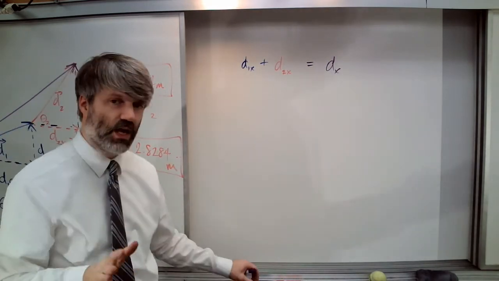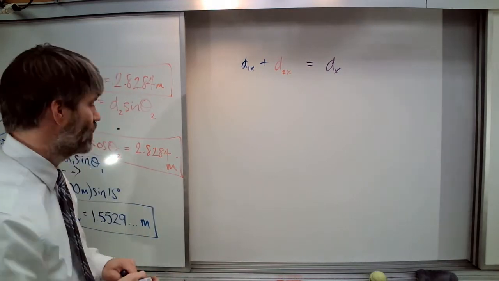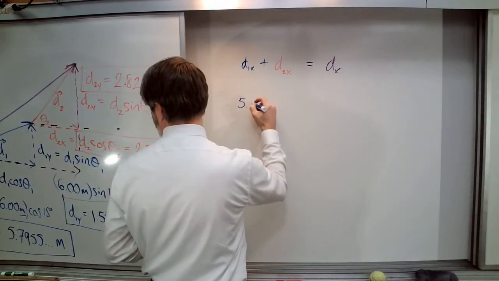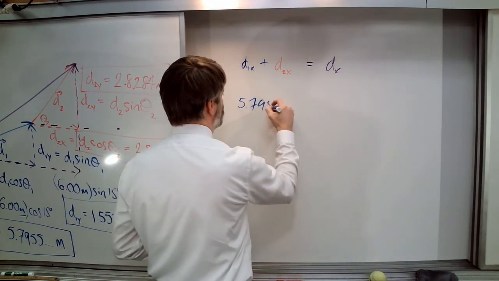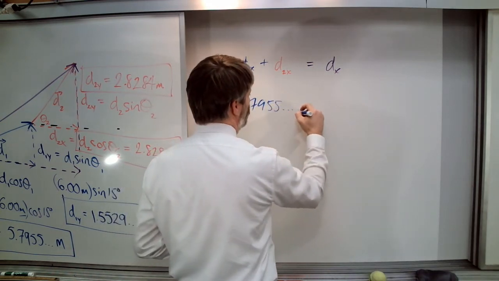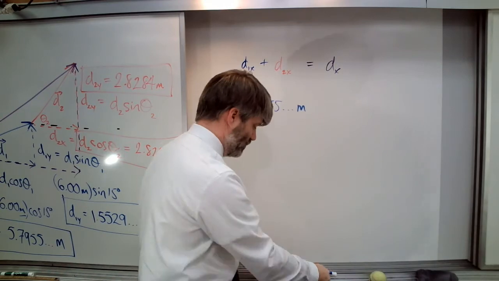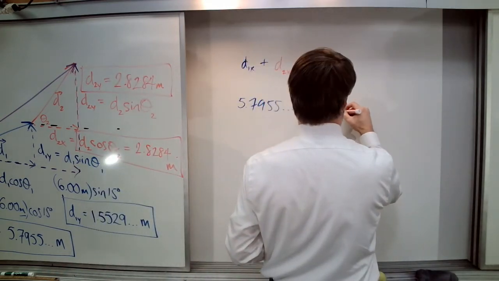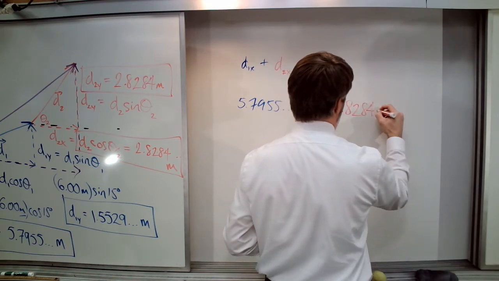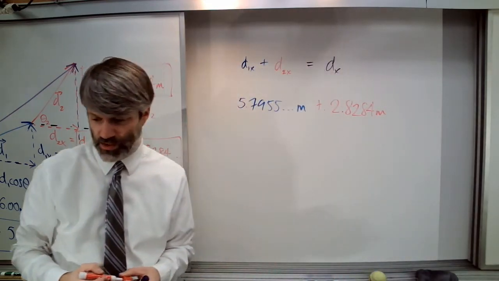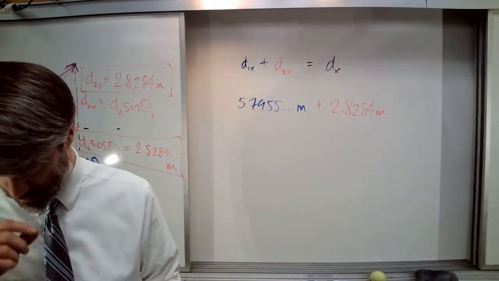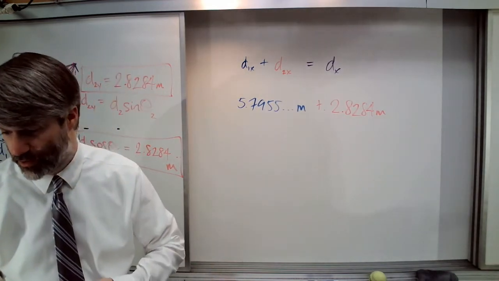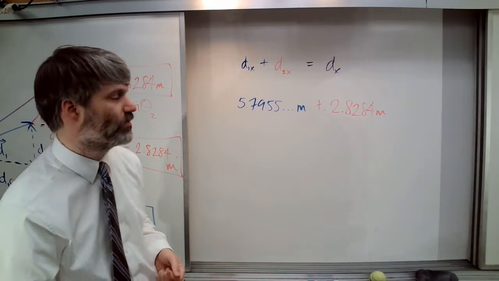So you're going to have to use the same numbers that you've got in your calculator. That was 5.7955 meters plus 2.8284 meters. And your calculator should give you some value like 8.62398.